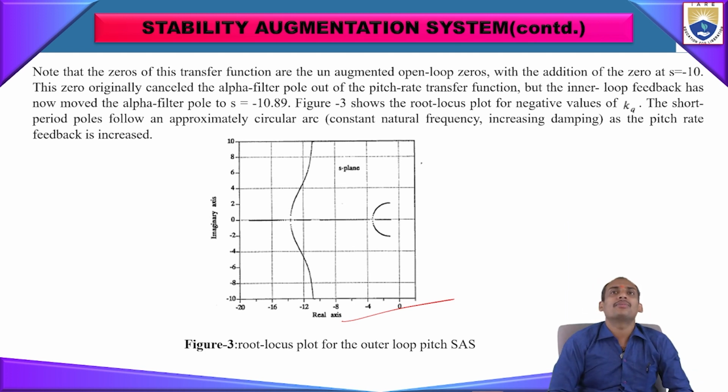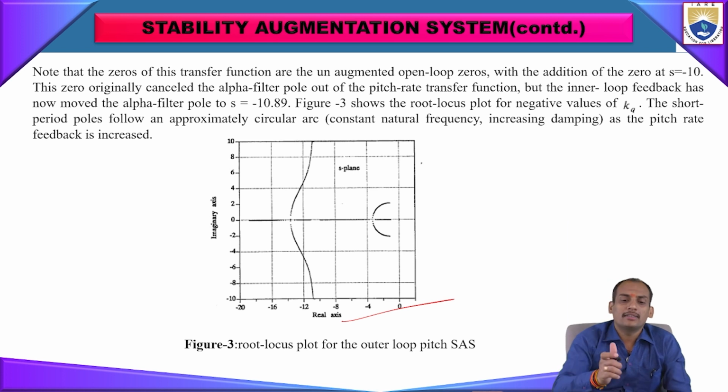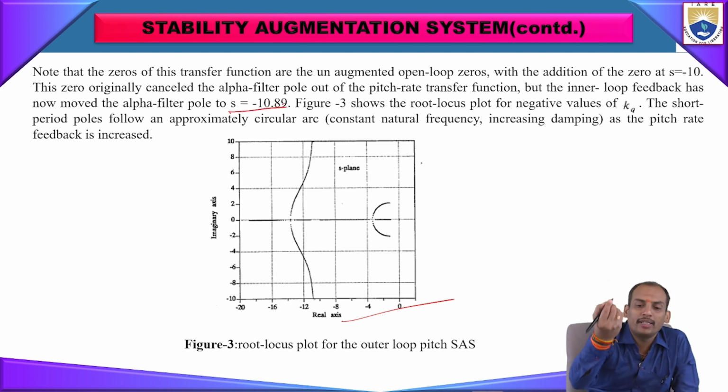The zeros of this transfer function are the unaugmented open loop zeros with the addition of a zero at s = -10. This zero originally cancelled the alpha filter pole out of the pitch rate transfer function. So the loop feedback has now moved to the alpha filter pole at s = -10.89.